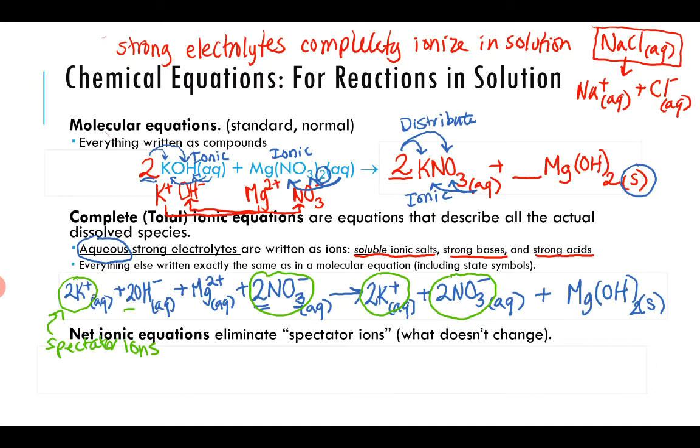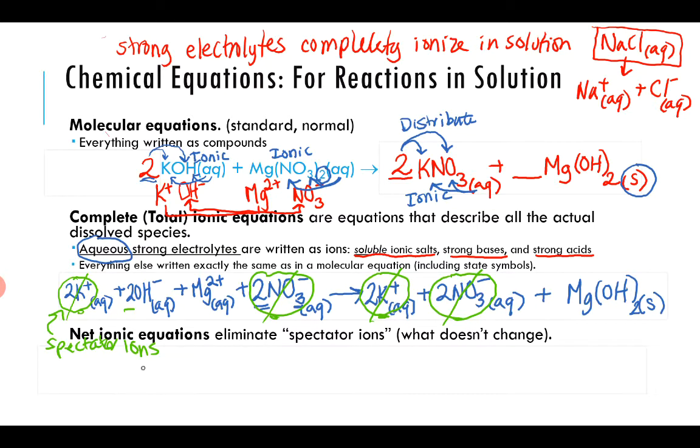So all we have to do to write our net ionic equation is cross these out. Cross out everything that doesn't change. So my nitrate on this side cancels my nitrate on that side. My potassium here canceled with that potassium. And so now in my net ionic equation, I write what actually changed.